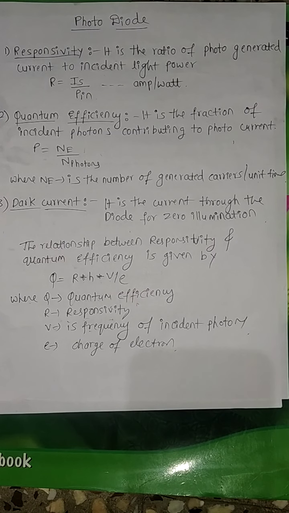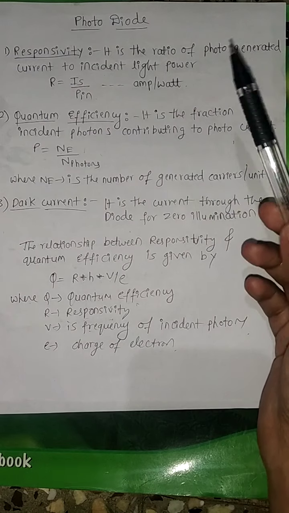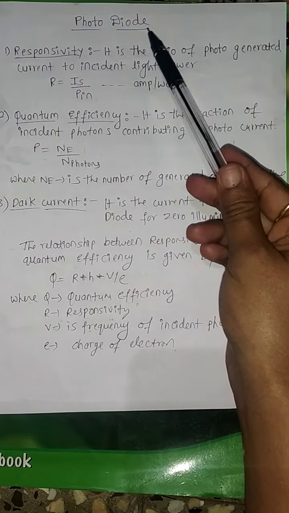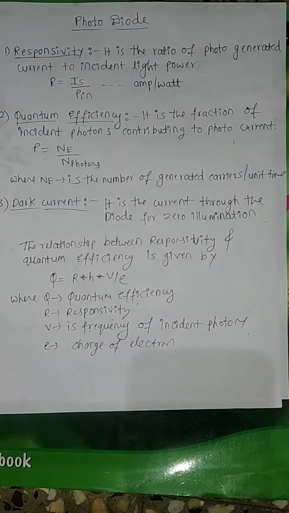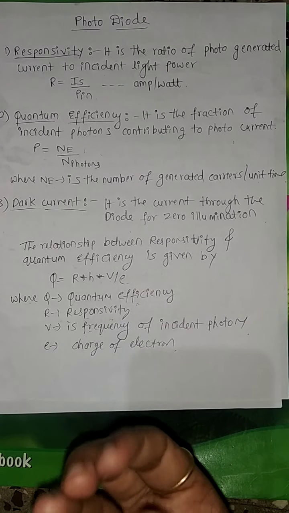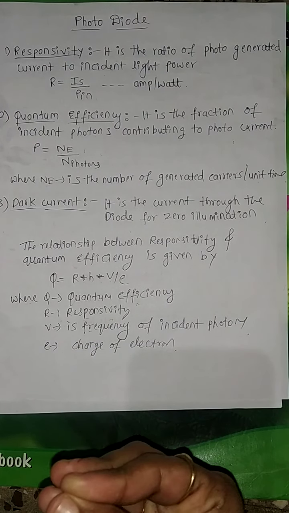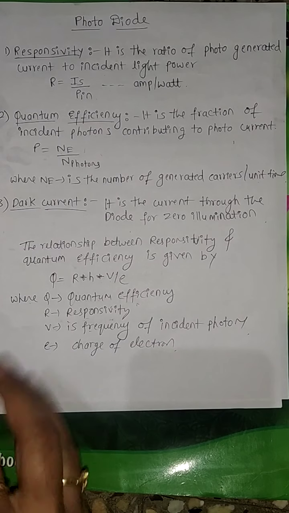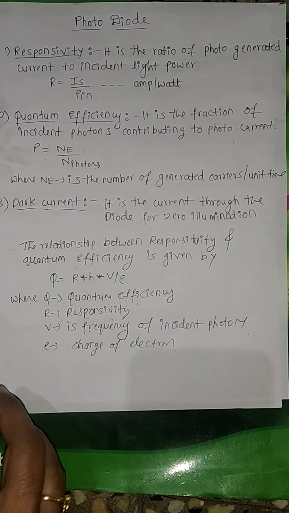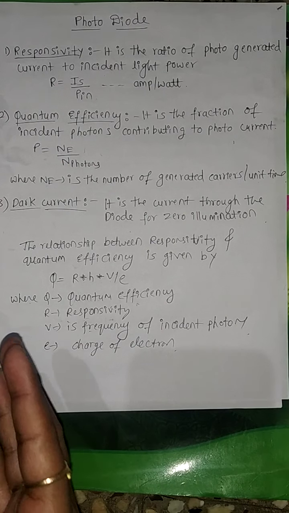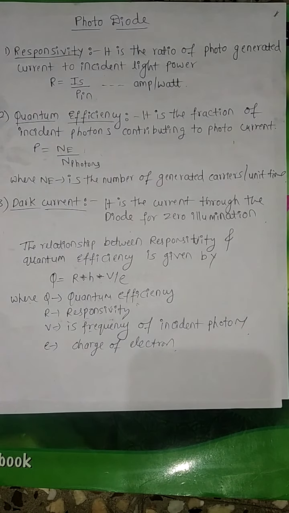We should study all these because we should know the power of the photodiode. Some photodiodes may be weak and some may be strong, so by certain quantities we should find those values. Those values we call responsivity and quantum efficiency.